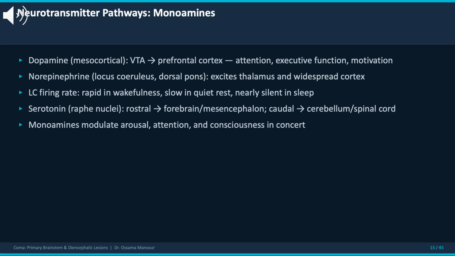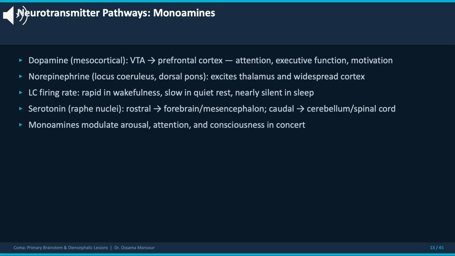The serotonin system, originating from neurons in the raphe nuclei along the midline of the brainstem, has complex and somewhat variable effects. The rostral aspect of the raphe nucleus projects to the forebrain, mesencephalon, and basal ganglia, modulating mood, arousal, and motor function. The caudal portion projects to the cerebellum and spinal cord.